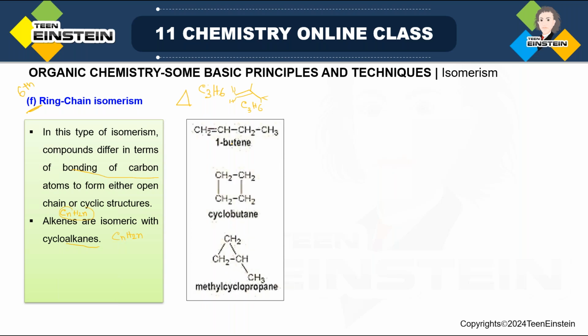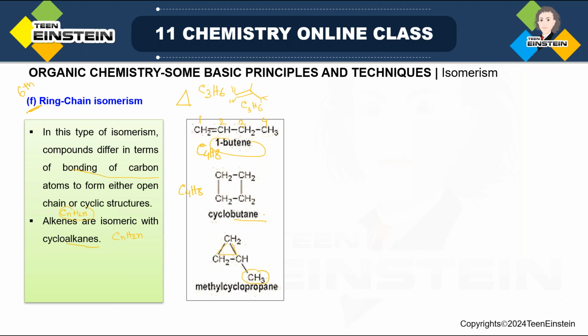So see here we have taken 1-butene, so it is C4H8. This is also C4H8, but this is an alkane, cyclobutane, without any double bond. You can also have a 3-membered ring, but as you have to satisfy the total number of carbon, this methyl is now treated as a substituent.